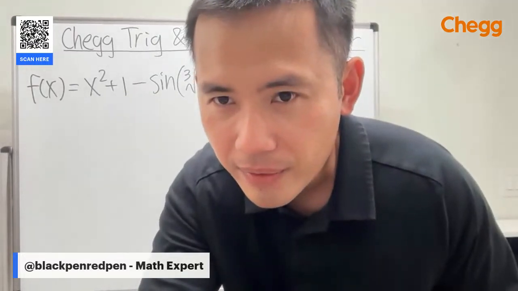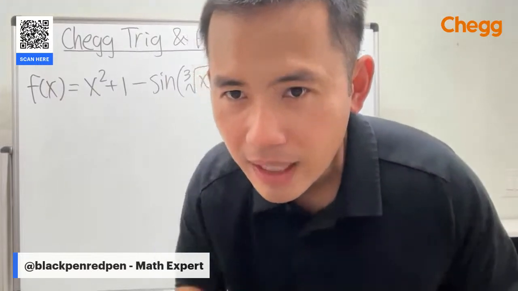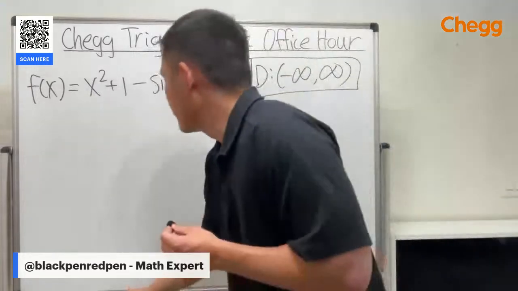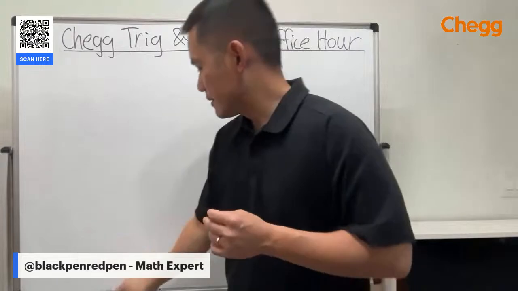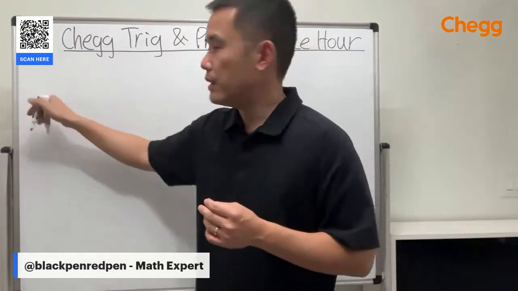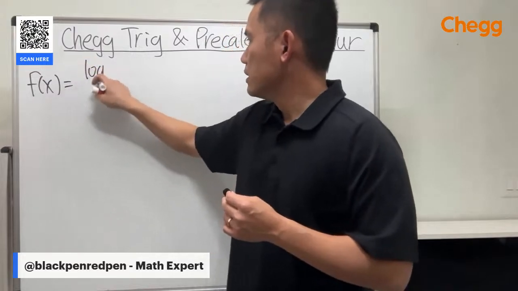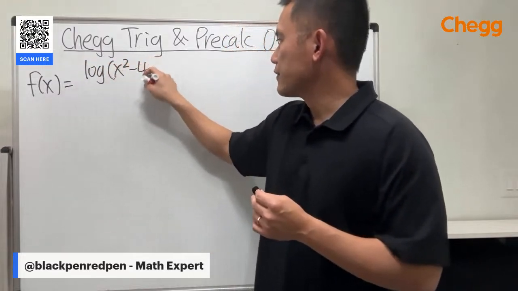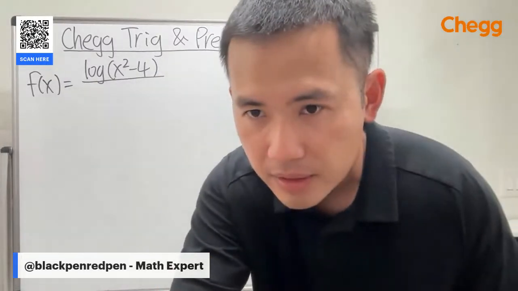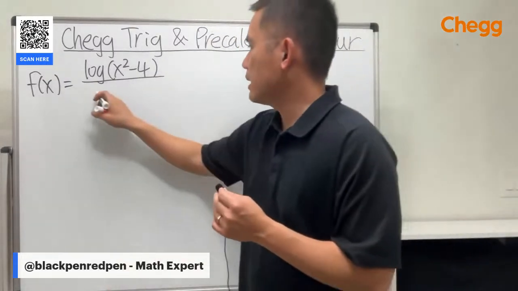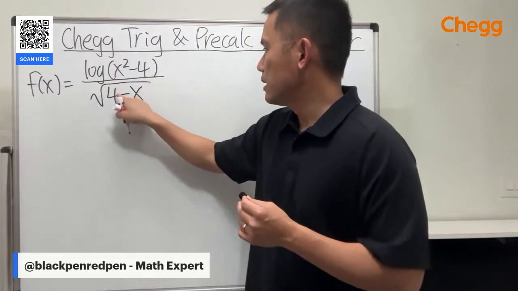Okay, let me find the domain question. Log of x squared minus 4, over, and the bottom is the square root of 4 minus x.